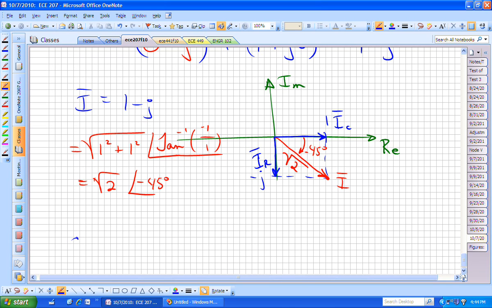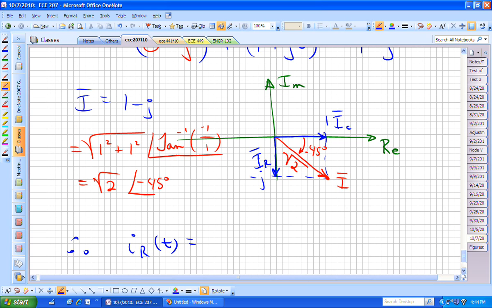Before you leave, I can't leave you in the complex plane. Before you go out these doors, you have to be in the time domain. You'll be messed up all weekend. So what's I sub r?